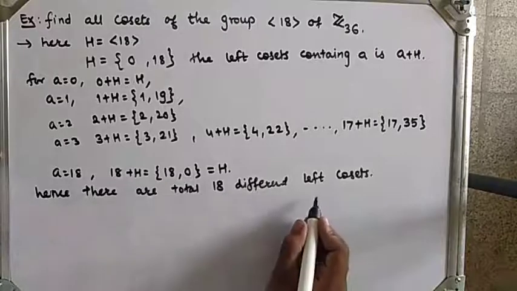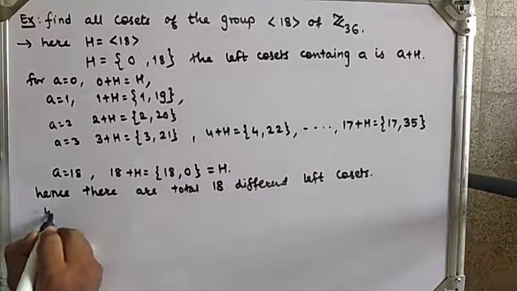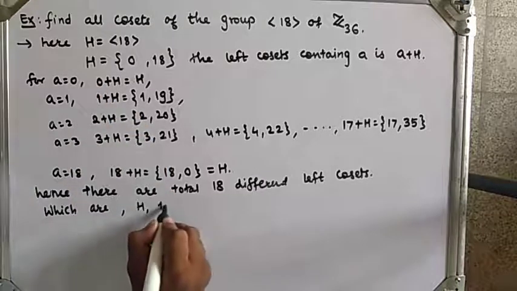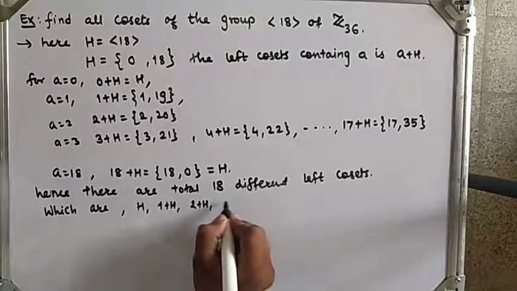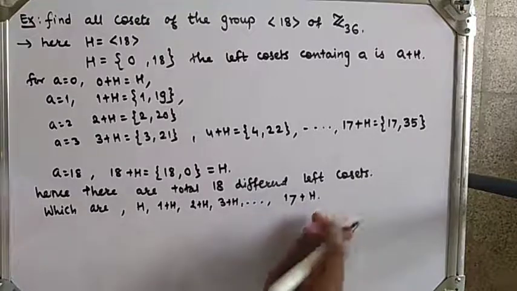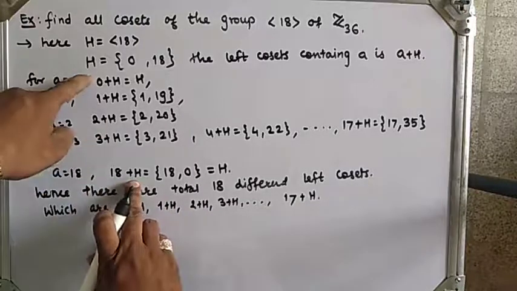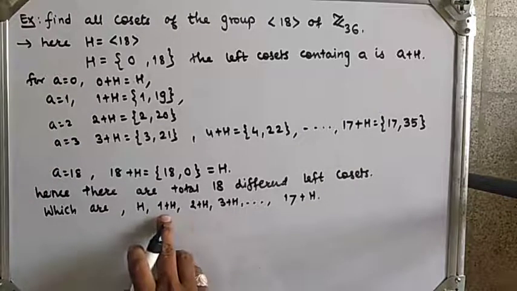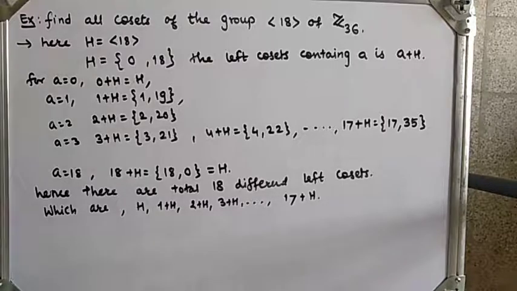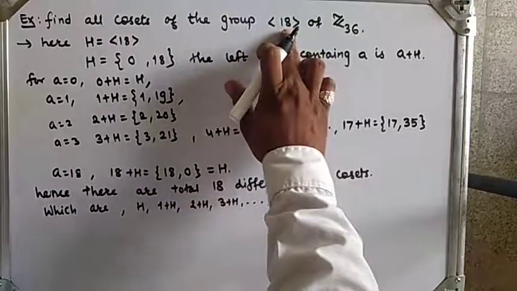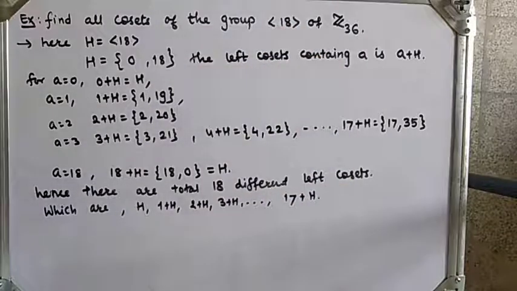These are H, 1 plus H, 2 plus H, 3 plus H, and so on up to 17 plus H, because 18 plus H is the same as H. So these are the 18 left cosets generated by H, where H is generated by 18.